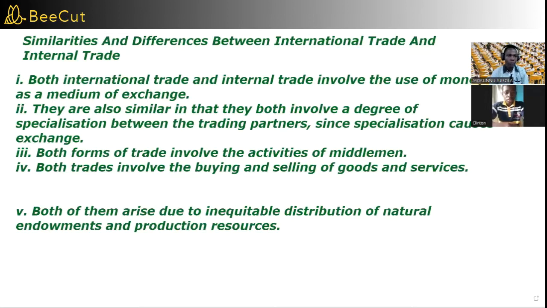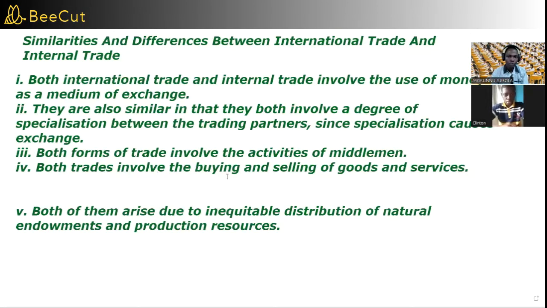So it is the middlemen that find where the product is available, and they are the ones that also find where the product is needed. So if they are able to find where the product is available and where it is needed, then they serve as a middle supplier. So a middleman is a broker or a go-between or an intermediary to a transaction. So that is what the middleman is performing there. So both forms involve the activities of middlemen.